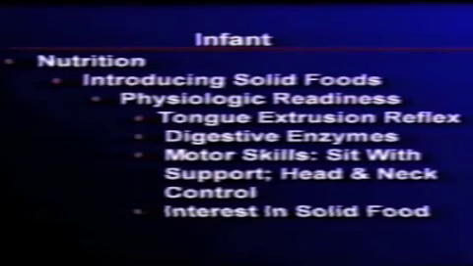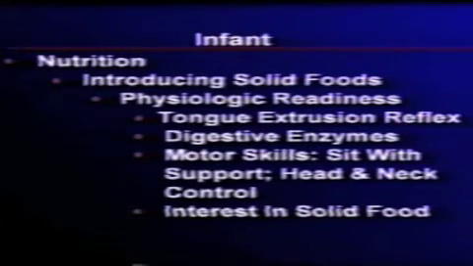So with infants, introducing solid foods needs to be after the tongue extrusion reflex has gone away, and that's around 4 months. They also need to have good digestive enzymes developed, have the motor skills to eat solid foods, and have an interest.